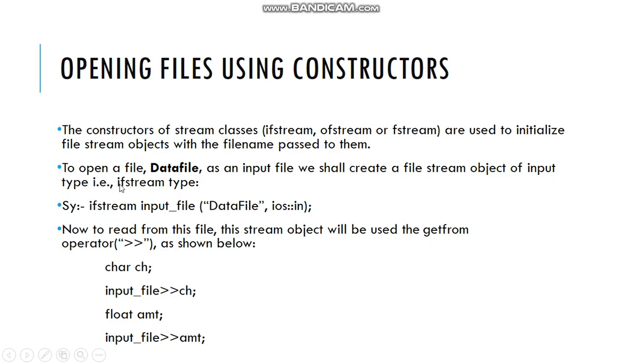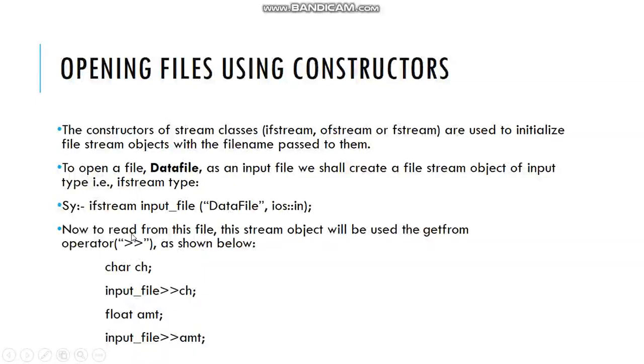That is the ifstream type. To write it, the syntax is ifstream, which is a keyword, then the input file, and then in brackets we give the data file first, and after a comma you write ios::in.